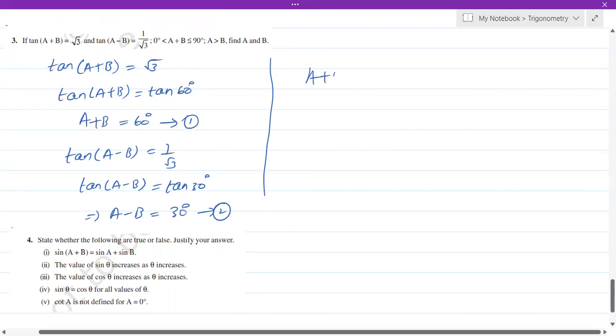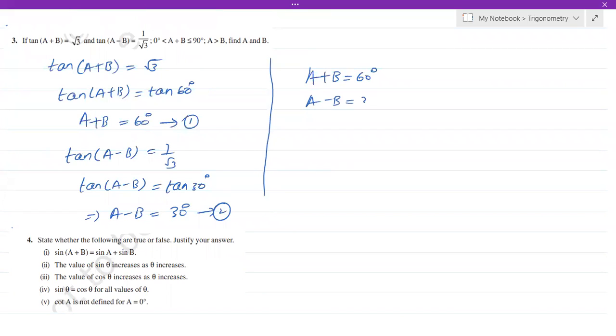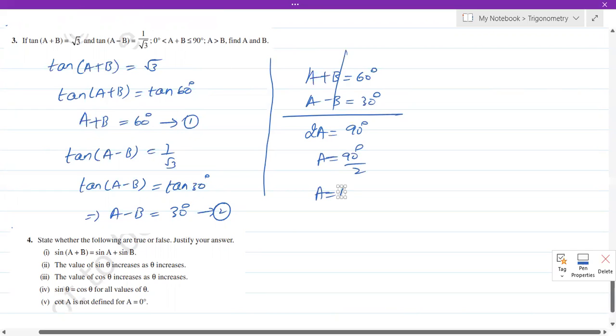A plus b is equal to 60 degrees, a minus b is equal to 30 degrees. It's like a linear equation problem. Plus b minus b gets cancelled. A plus a is 2a, 60 plus 30 is 90. Therefore, a will become 90 degrees by 2, which implies a is 45 degrees.